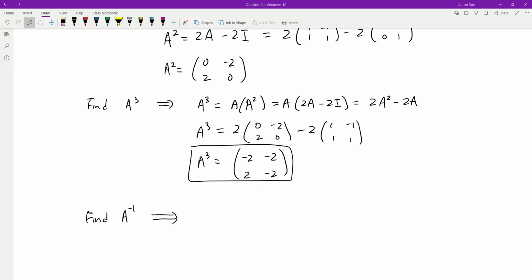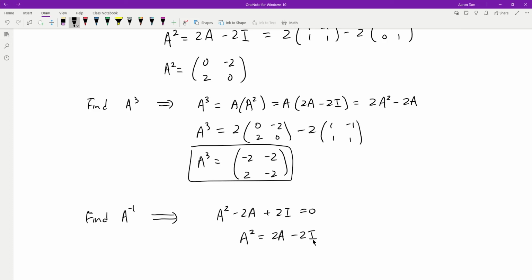For a 2 by 2 it is not as impressive because we do have a formula for a 2 by 2 matrix inverse, but for higher-power matrices, this becomes an extremely cool way to form the inverse of a matrix. So this is how we do it. We know that A squared minus 2A plus 2I is equal to 0, and therefore A squared equals 2A minus 2I.